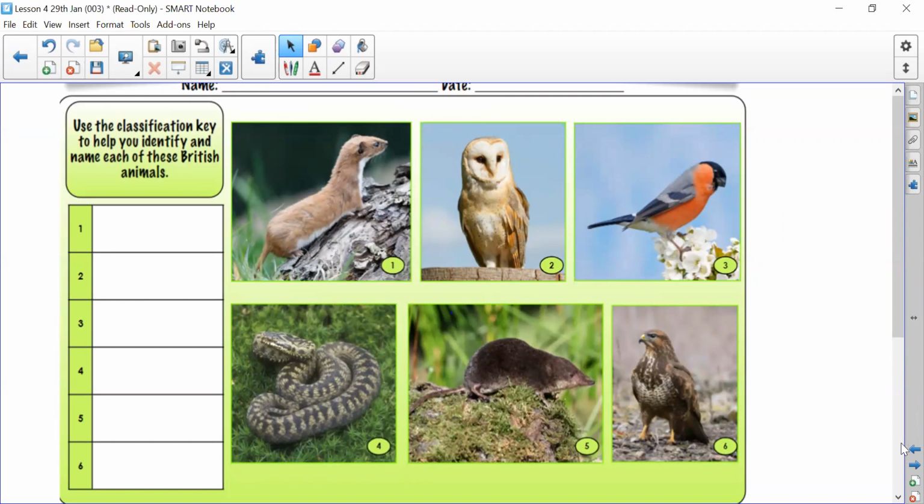Okay, so we're going to use the classification key I'm about to show you. If you accidentally got a glimpse of the answers, try not to look at those, make sure you are testing yourself properly, because there's no point just writing down the answers. The point of our lesson is to make sure we can use the classification key to identify.